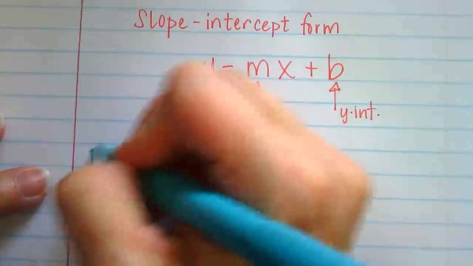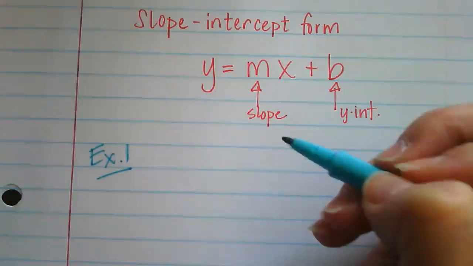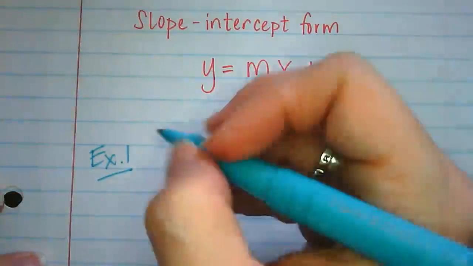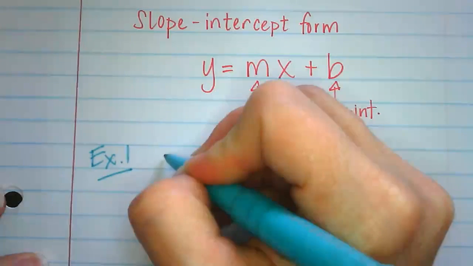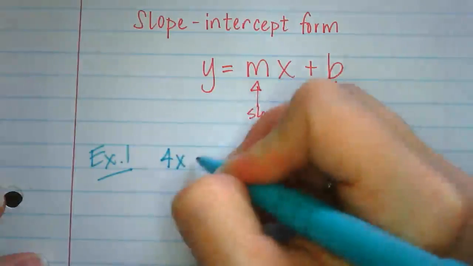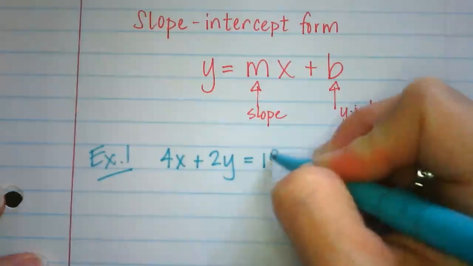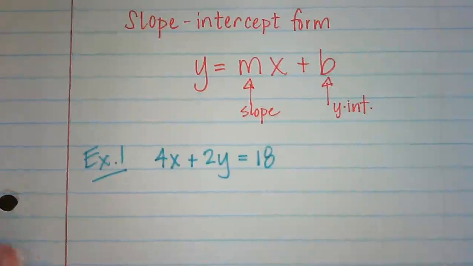All right, example 1. Let's say we have 4x plus 2y equals 18. This is not in slope-intercept form.